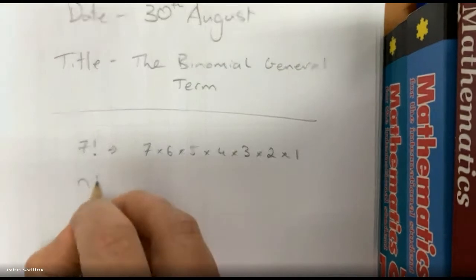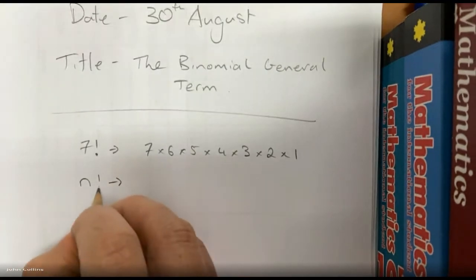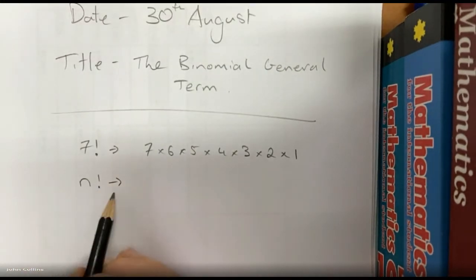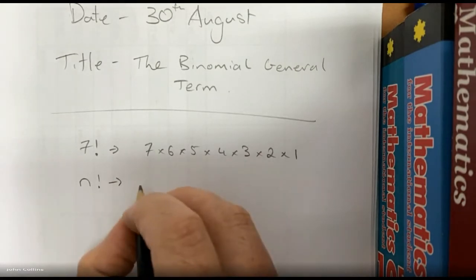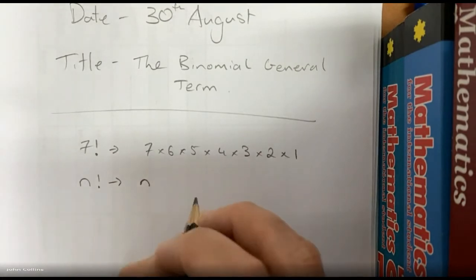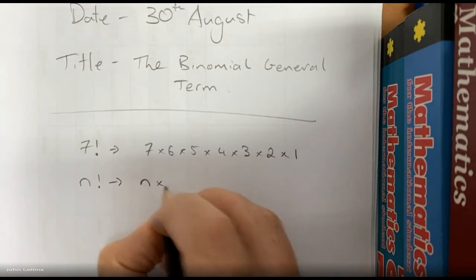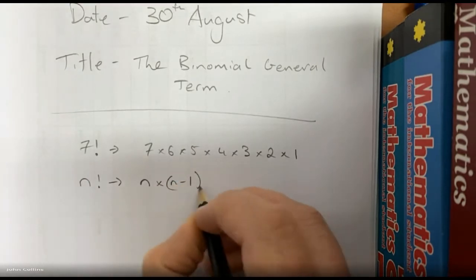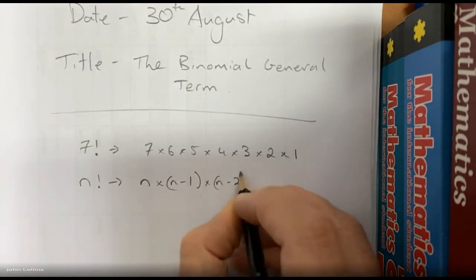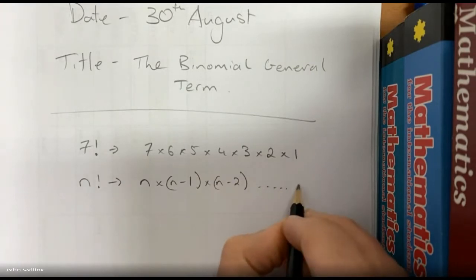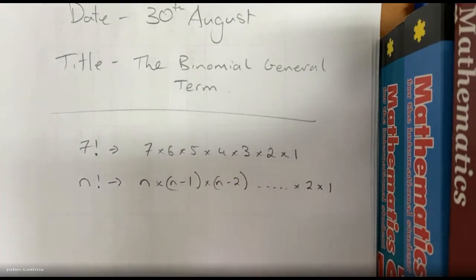In general terms, anything factorial will be itself multiplied by 1 less than itself, multiplied by 2 less than itself, and so on until you reach 1 again. Okay, and that was the factorial notation we were talking about on Friday.